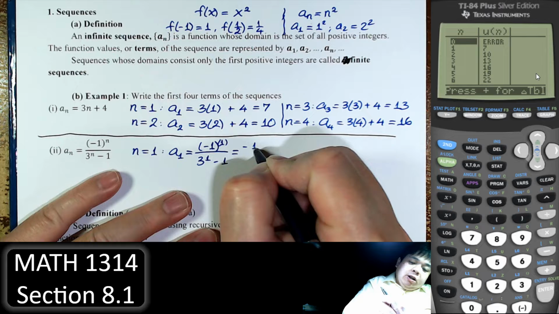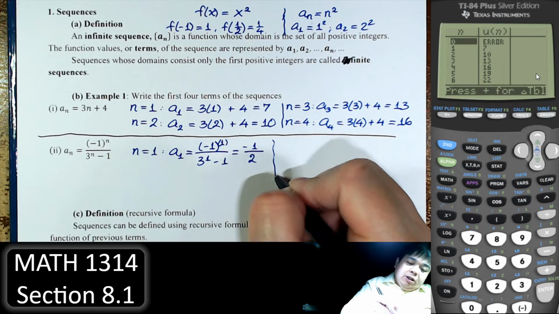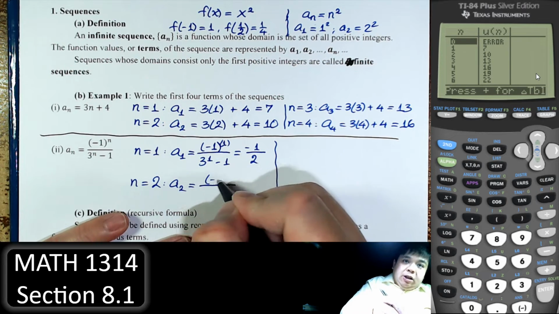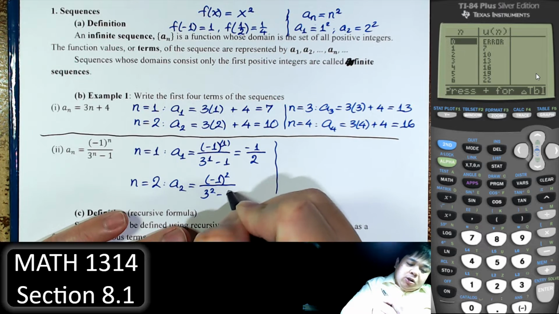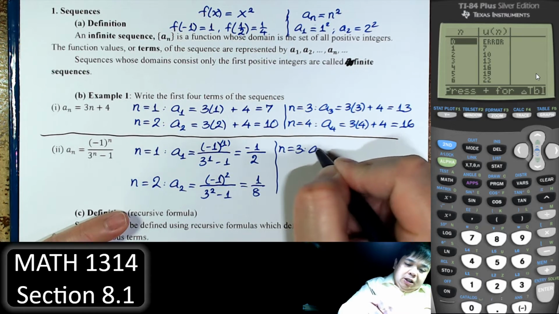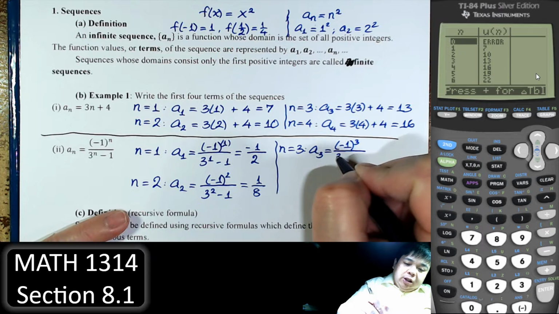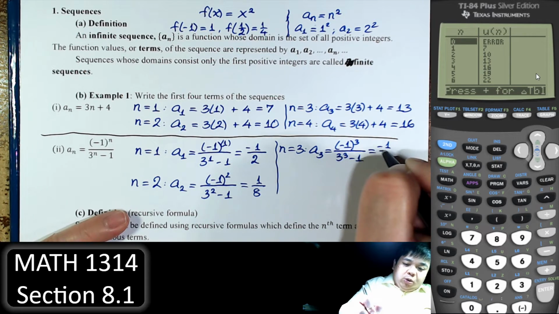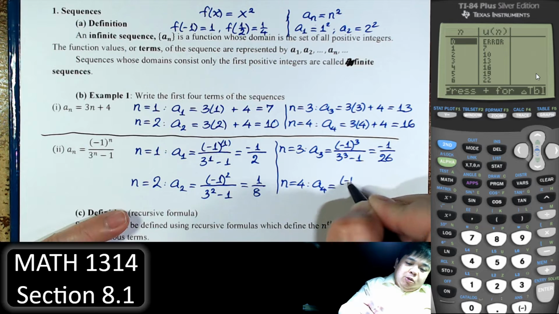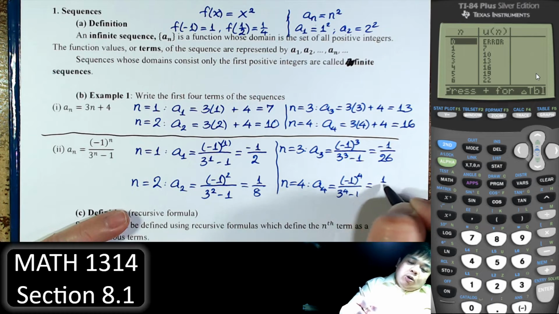So that gives us negative 1 over 3 minus 1, 2. n equal to 2, a sub 2, negative 1 squared over 3 squared minus 1, 8. n equal to 3, a sub 3, negative 1 cubed over 3 cubed minus 1, so that's negative 1 over 26. n equal to 4, a sub 4, negative 1 to the 4th power over 3 to the 4th minus 1, so that's 1 over 80.